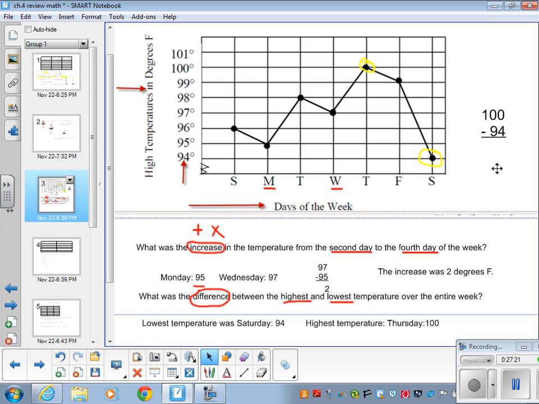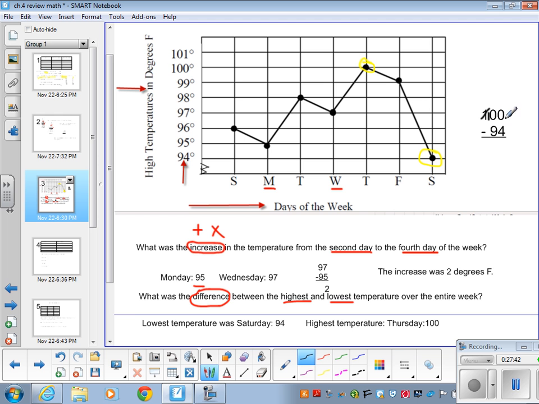All right, welcome back. Let's solve this together. 100 minus 94. Bigger bottom, I see that the 94 on the bottom is bigger than the top. So bigger bottom, better borrow. I'm going to borrow from the 1 to make the 0 a 10. But this number 4 is bigger than this 0.